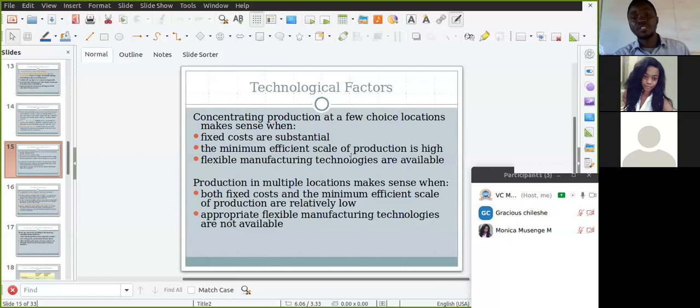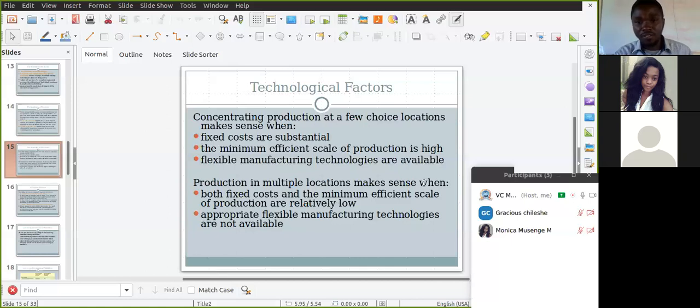And then the minimum efficient scale, so like I said, if the minimum efficient scale is high, meaning that you're not using fewer resources to produce a given end product, setting yourself up in multiple locations is not going to do you any good, because that cost that you're experiencing, which is high in one location, will be multiplied with locations elsewhere.